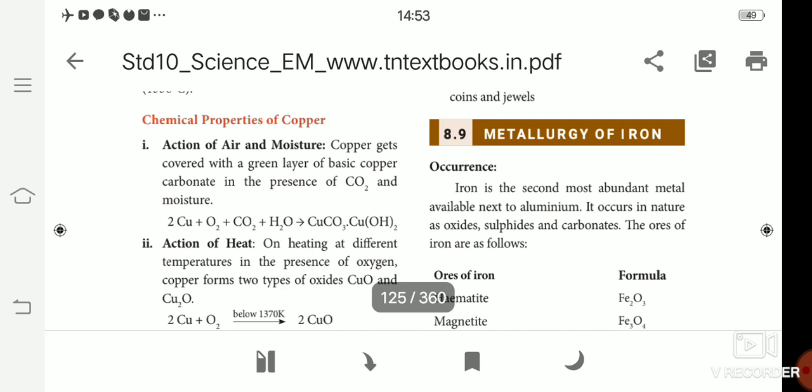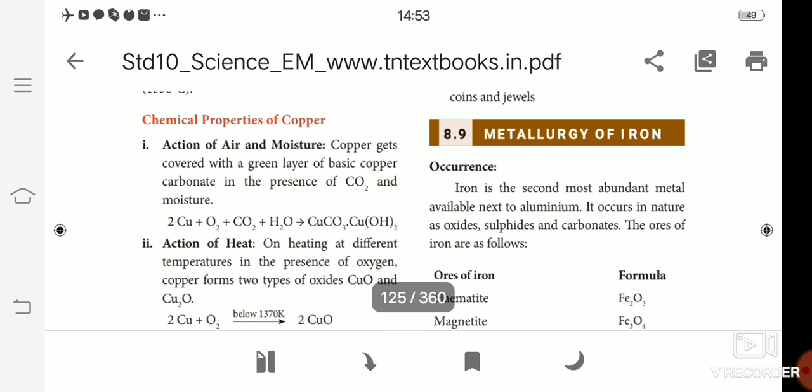The product is CuCO3·Cu(OH)2, copper carbonate. So this is the action of air and moisture.